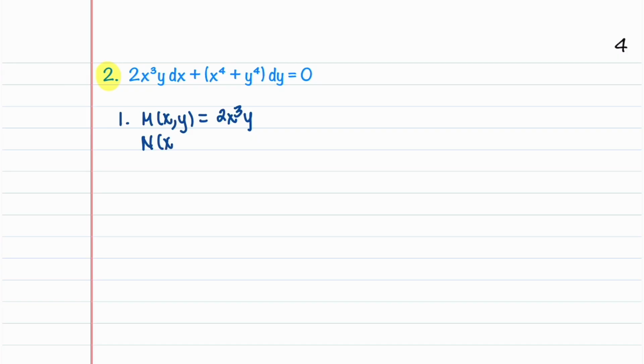And then N of x,y equals x to the fourth plus y to the fourth. Since M has only one term and N has two terms in it, this is the simpler term. And that means that we're going to use the change of variables x is equal to v times y.